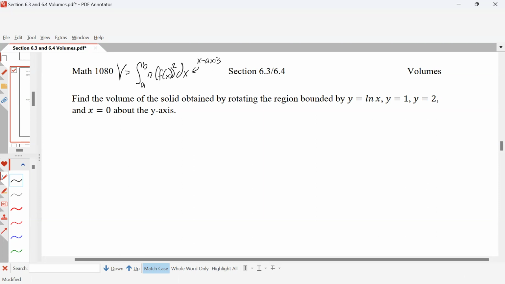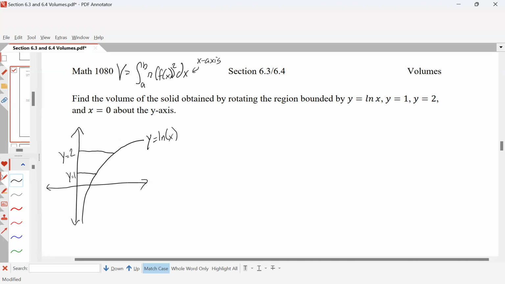Now, taking a look at this example, we want to find the volume of the solid obtained by rotating the region bounded by y equals the natural log of x, which looks like this, y equals 1, and y equals 2, about the y-axis.